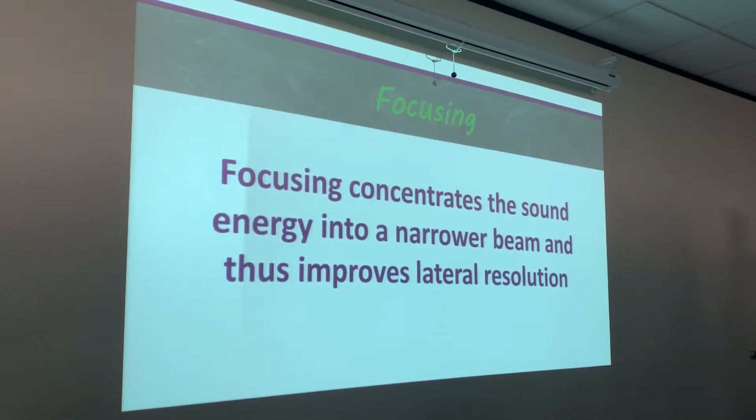And just like on our ultrasound machine, we can have more than one focus. Just like we can adjust our focus, which is also known as phased array, correct? Adjustable focus, or the ability to have multiple focus, that's also known as a phased array system. Focusing concentrates the sound beam energy into a narrow beam and thus improves lateral resolution. So the energy within the focus is higher than the energy outside the focus.